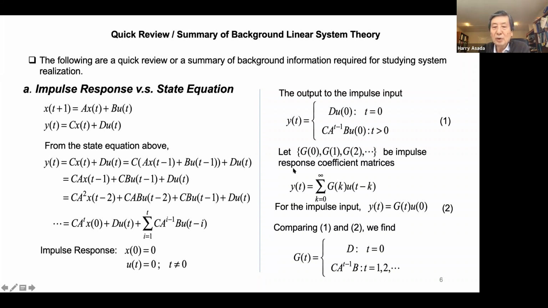larger than 0? Let's see y_1. The first term here goes out because of the impulse response: the initial condition is set to 0.